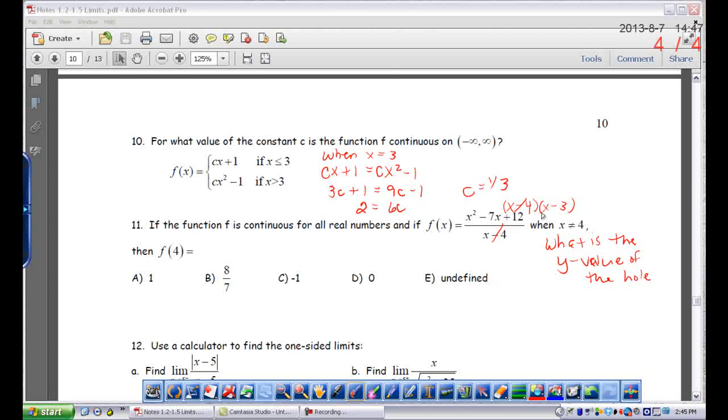So once you factor and cancel off the common factors, that y value is plugging x equals 4 back into your equation after you've canceled. When you plug in the 4, you get 4 minus 3, or 1.